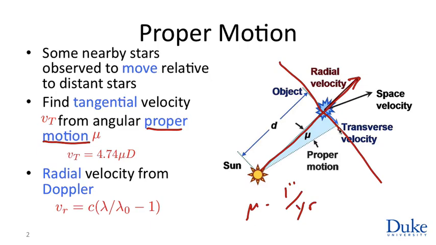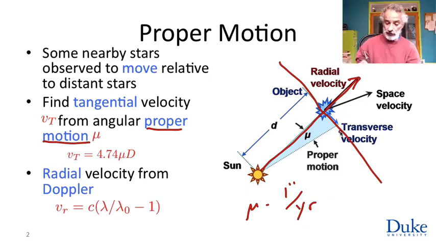And if we know the distance to the star, we can convert the angular motion to a measure of its actual velocity, its actual transverse velocity, which is labeled by Vt. Basically the idea is, imagine waiting a year, the star's position in the sky will have changed by an angle mu.